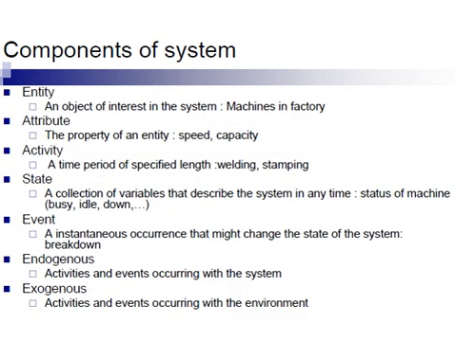As we already talked about system and environment, let's talk about components of a system. Entity is basically an object of interest in a system. Examples could be machines in a factory, departments, orders, parts, or products.